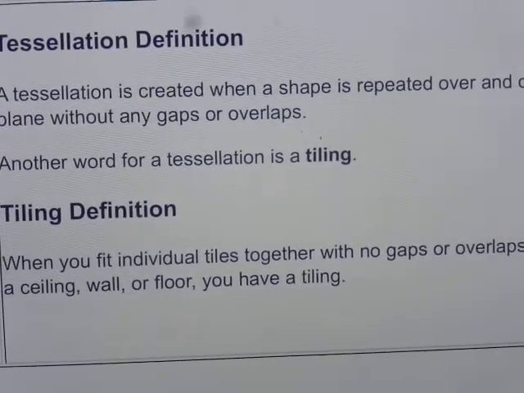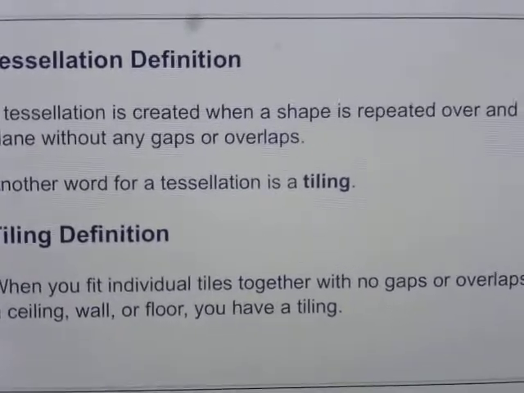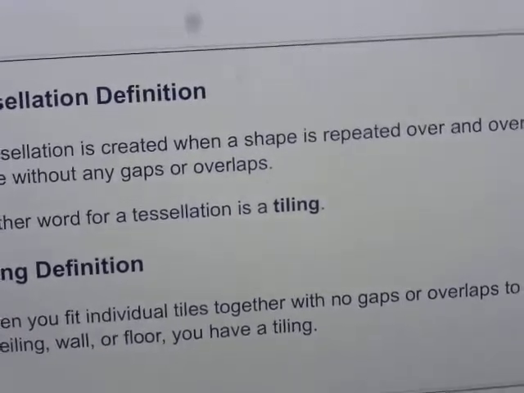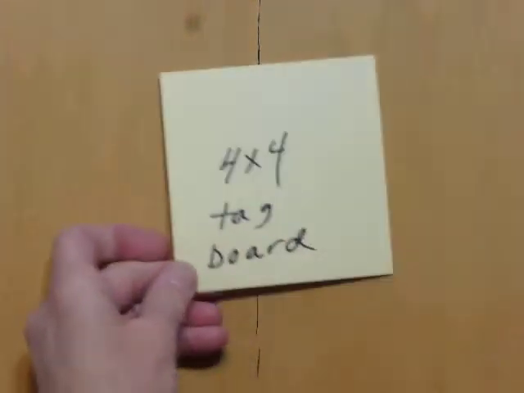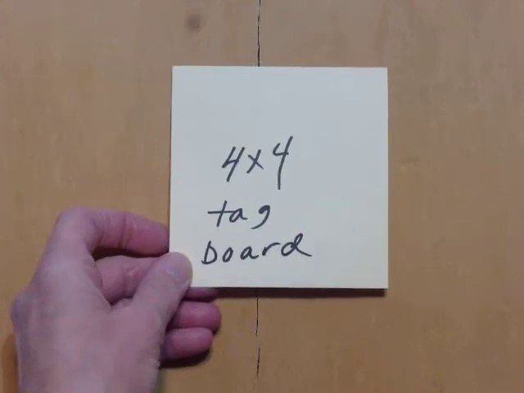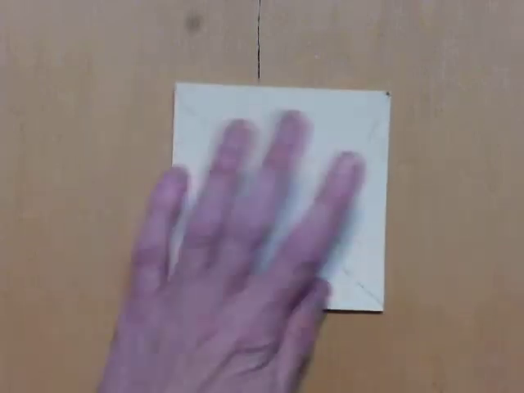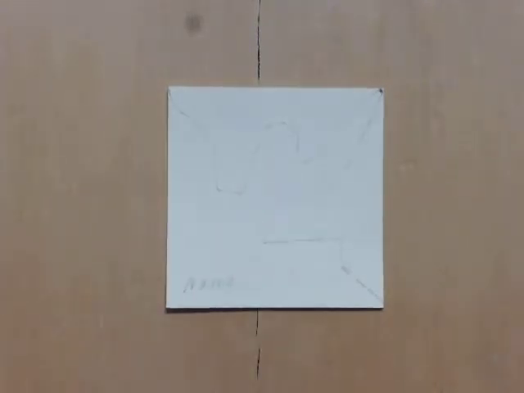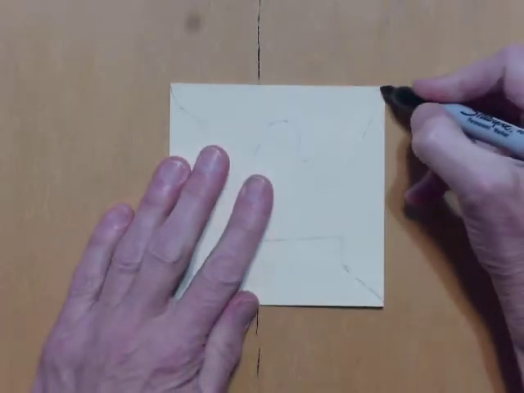Okay, so let's talk about how to create a tessellation. To begin with, we're going to need a 4 by 4 inch piece of tag board. And on this tag board, we're going to start in one corner.